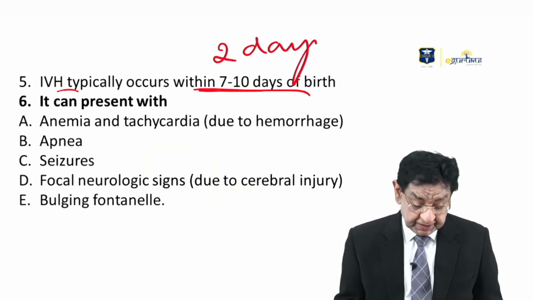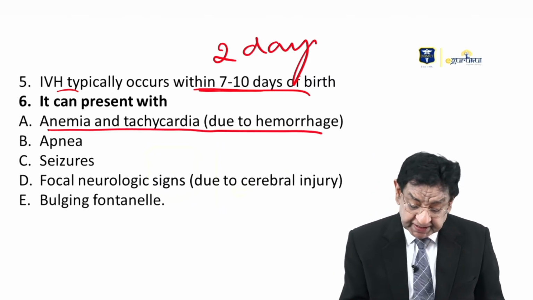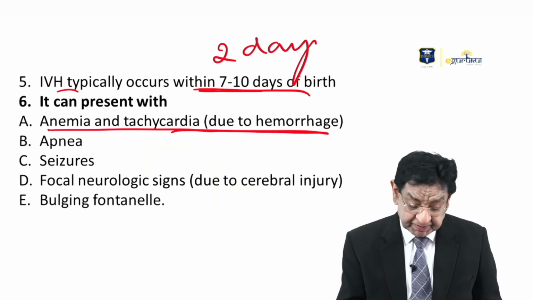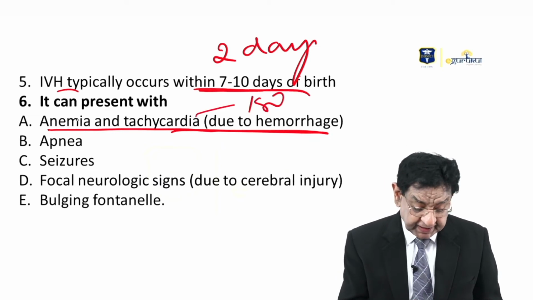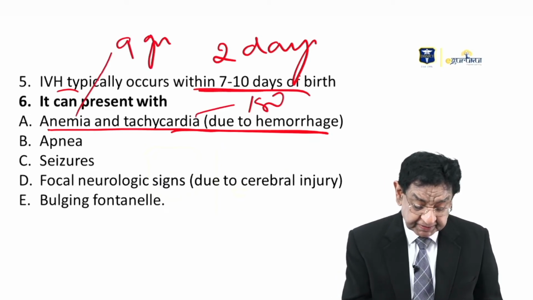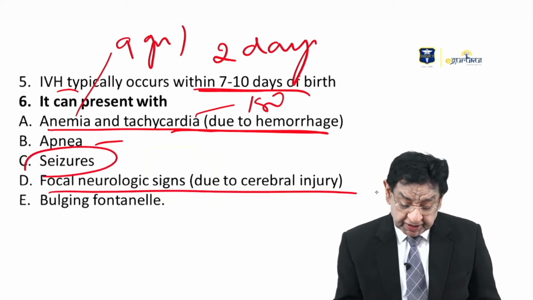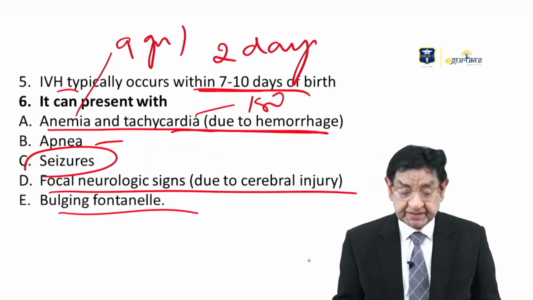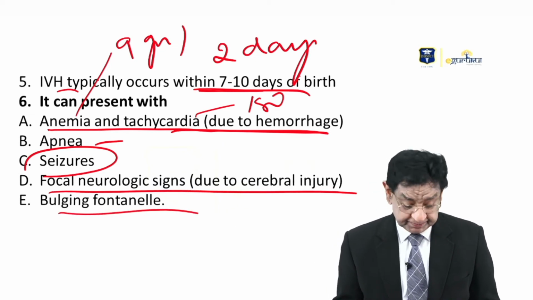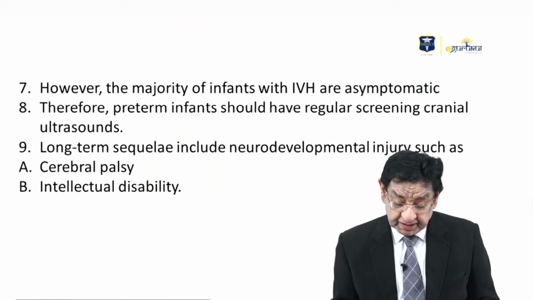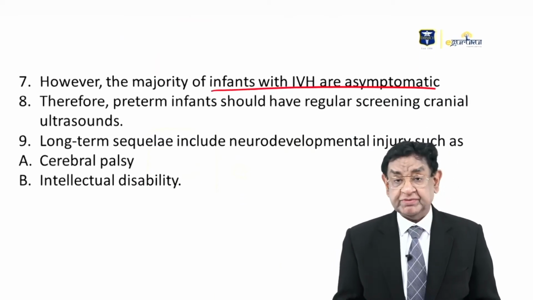Okay. It can present with anemia and tachycardia due to hemorrhage. Like in our case, pulse is 180 and anemia, 9 gram %, is there. Apnea and seizure are there in our case. Focal deficit and bulging fontanelle were there in our patient. However, the majority of them are asymptomatic.